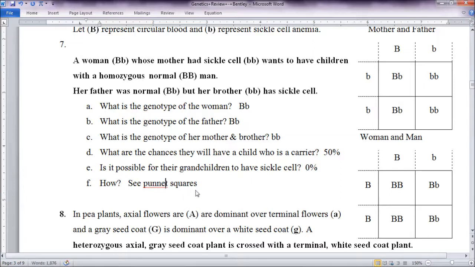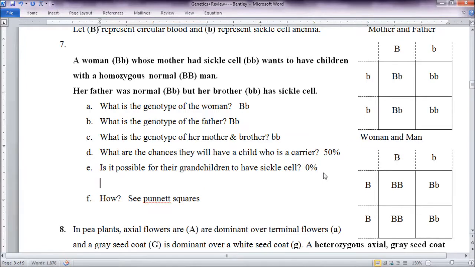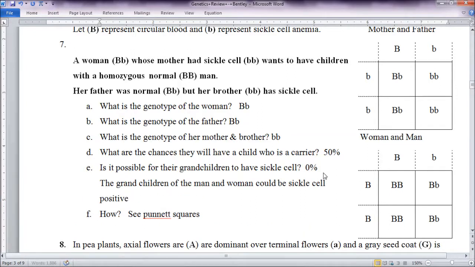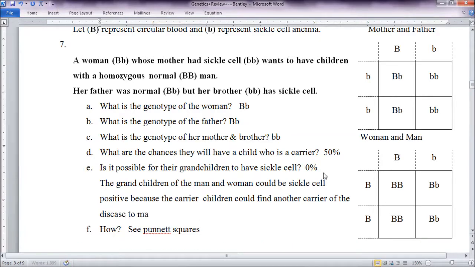Now, if what this question was originally talking about was the grandchildren of the man and woman, the grandchildren could be sickle cell, because the carrier children could find another carrier of the disease to mate with.